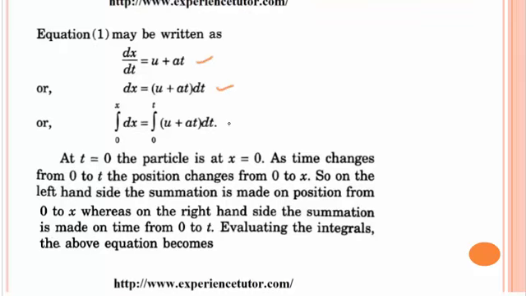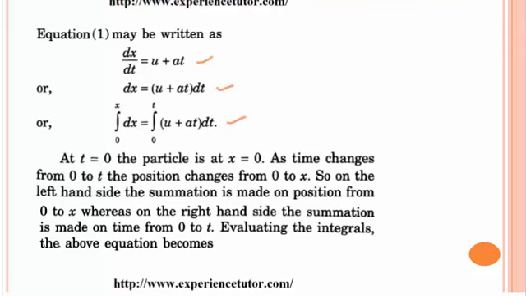Integrating both the sides, 0 to x dx, 0 to t (u plus at) dt. At t is equal to 0, the particle is at x is equal to 0. As time changes from 0 to t, the position changes from 0 to x. So on the left hand side, the summation is made on positions from 0 to x, whereas on the right hand side, the summation is made on time from 0 to t.